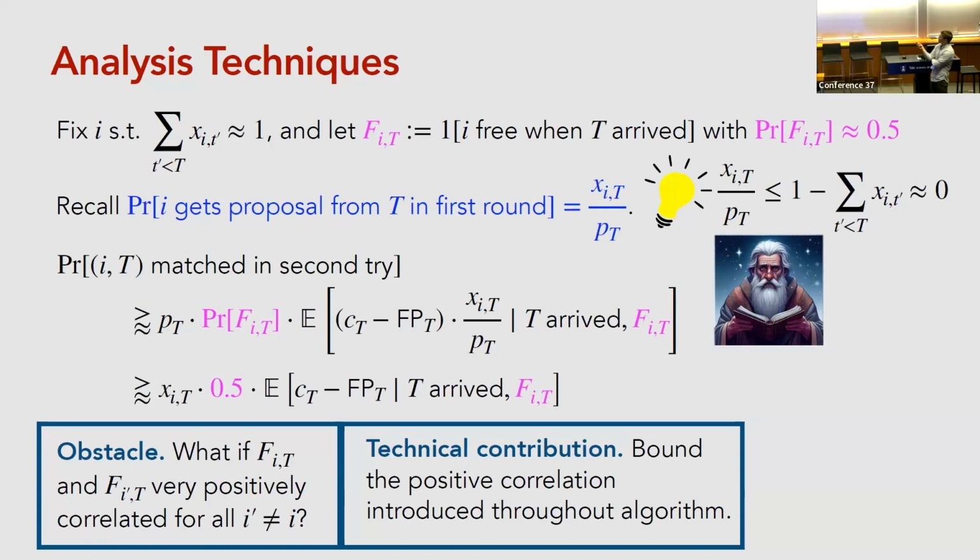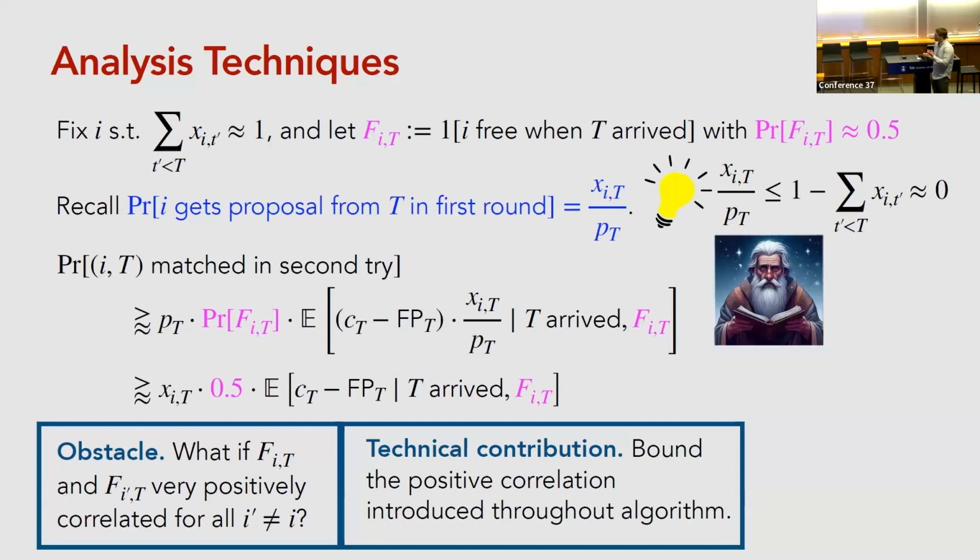In this expectation, we're just looking at the expected remaining capacity after the first proposal. So CT, the capacity, minus the number of things it matched in the first proposal. So imagine that when I condition on FIT, it's like conditioning on everyone else being free as well. Then the issue is this first proposal, they could all accept with probability 1, and there would be no room left to do anything in the second proposal.